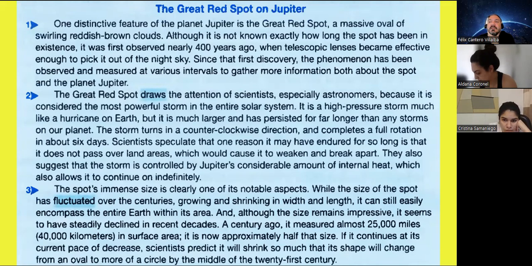Okay, so you've read the 3 paragraphs. What is the topic of the reading? It's about the great red spot, like a storm.